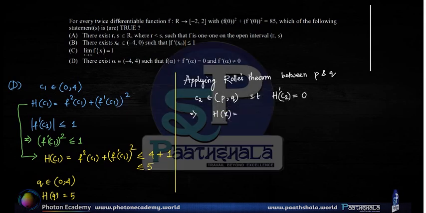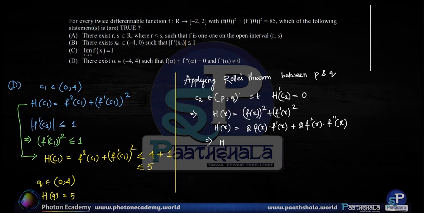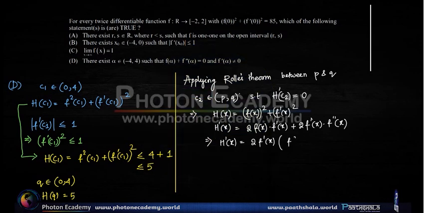h of x is equal to f of x square plus f dash x square. Then h dash x is equal to 2 f of x into f dash x plus 2 f dash x into f double dash x. That implies h dash x is equal to 2 f dash x times f of x plus f double dash x.